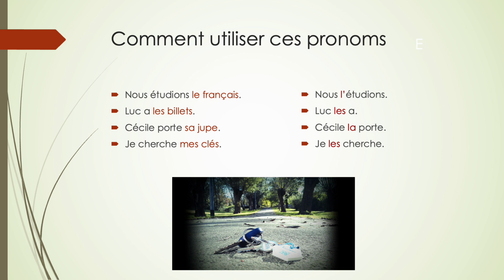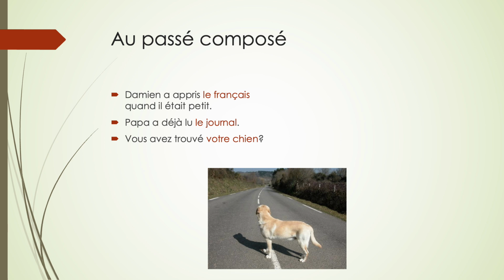So now we've seen them in action, let's look at some other circumstances that make things interesting. In the passé composé, where are you going to put your direct object pronoun? Are you going to put it in front of the helping verb or the past participle? You're going to put it in front of the helping verb.